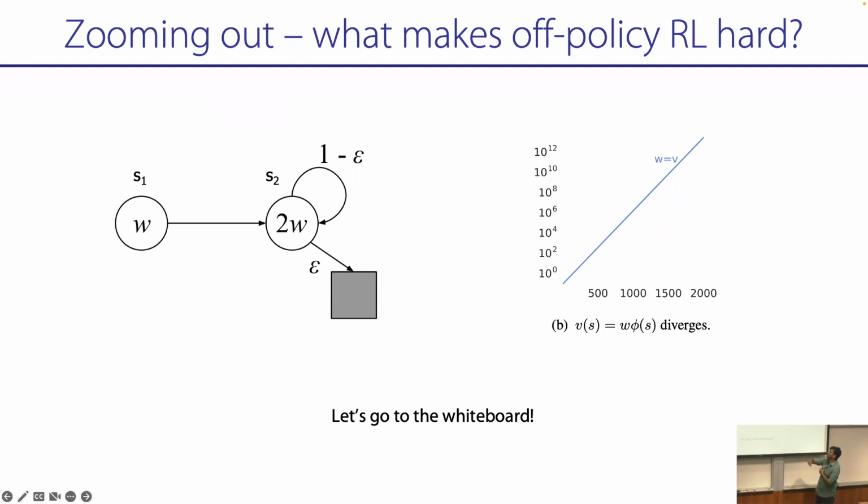So you get the value function exploding. I don't think I have time to work it out, but I'll send some notes on it worked out. I think it's interesting, but you can show that even in this example with two states and linear function approximation, if it's a little bit off-policy with bootstrapping and function approximation, it just explodes. Which suggests that it's not clear how to get it to converge always. Especially in a deep network, it's not always clear. Okay, so I'll send out a note about that.